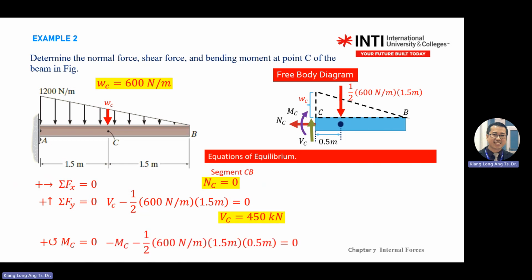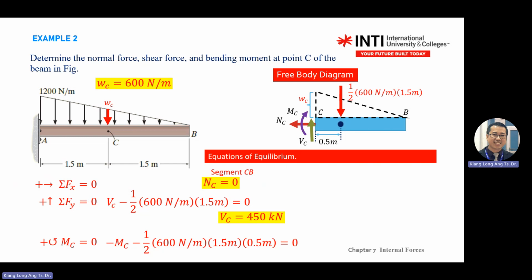Then the moment. Again, in this case, we put clockwise positive. So 0, NC will be, this one is anti-clockwise, so negative. So this one at point C, here, you will see this one multiplied by 0.5, you get the moment.